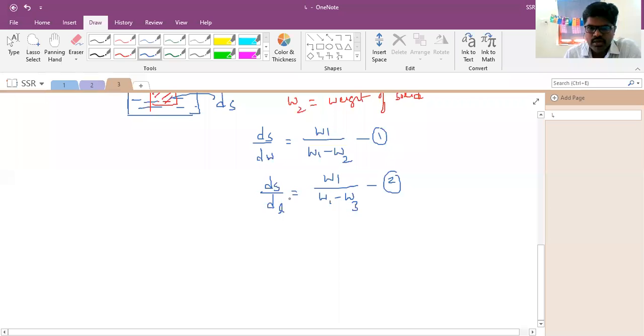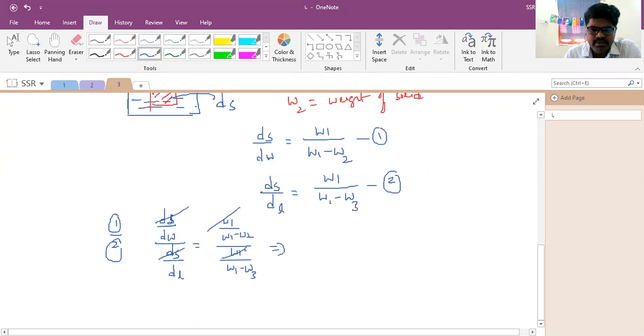Right. Now from equations 1 and 2, simply divide 1 by 2. That is ds by dw divided by ds by dl, equal to W1 by W1 minus W2 divided by W1 by W1 minus W3. You can see ds cancels and W1 cancels. Then dl comes upside: dl by dw, and W1 minus W3 also comes upside.